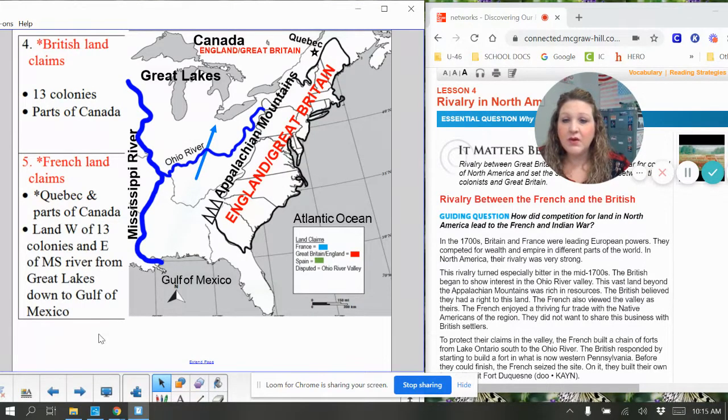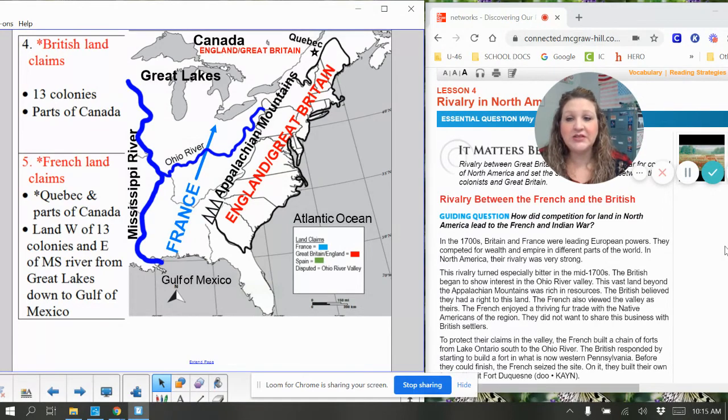And then also they have control over land that is west of the Appalachian Mountains, right? So that's west of the Appalachian Mountains and east of the Mississippi River. So in between the river and the mountains, from the Great Lakes up in the north, all the way down to the Gulf of Mexico. So there's not a name for this area of land.